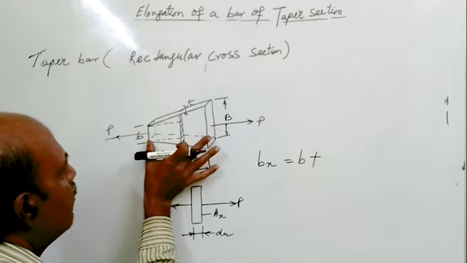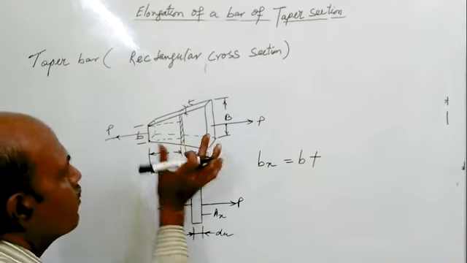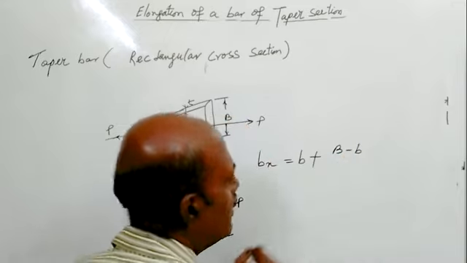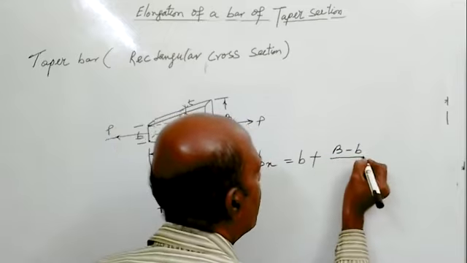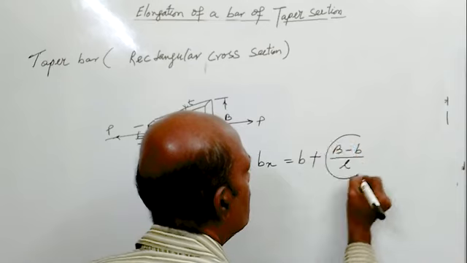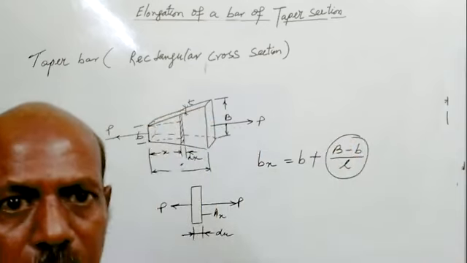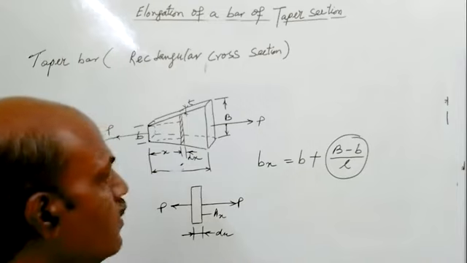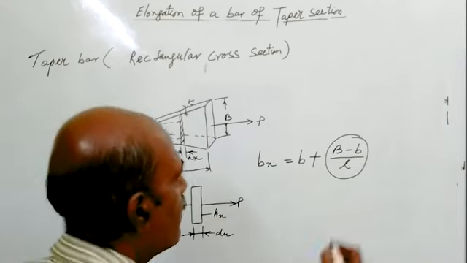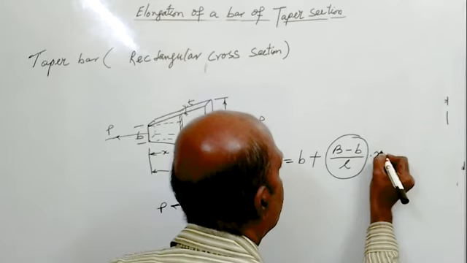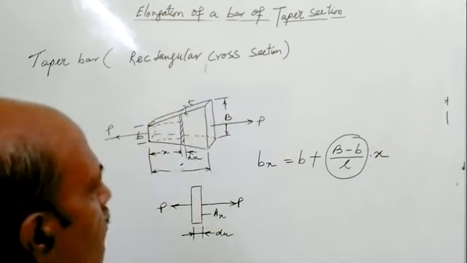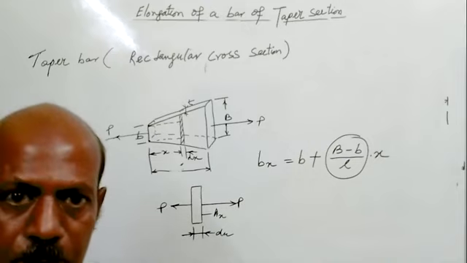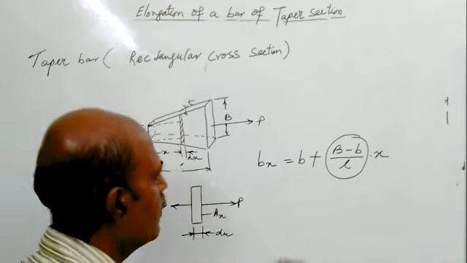The total increment while moving from the left end to the right end is capital B minus small b, divided by L. This term gives the increment per unit length of this taper bar, and for x length you can write small b plus (capital B minus small b) by L into x.